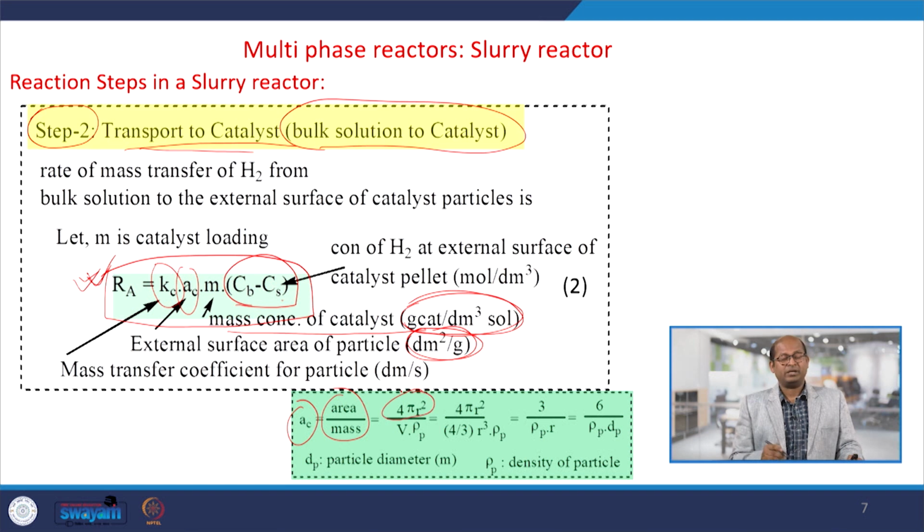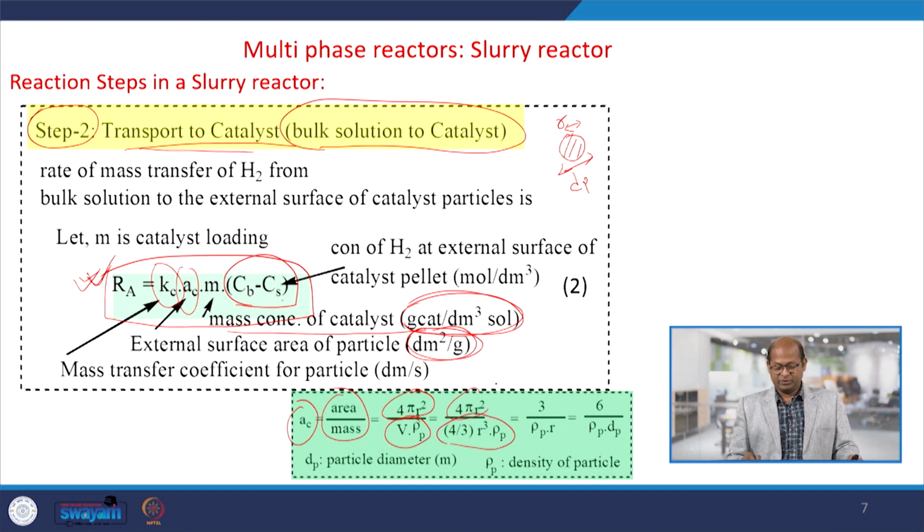Area: let us say r is the radius of the spherical catalyst particle, or dp is the diameter. So 4 pi r squared is the area, and if we multiply volume and density of the particle, that would be the mass of the catalyst.